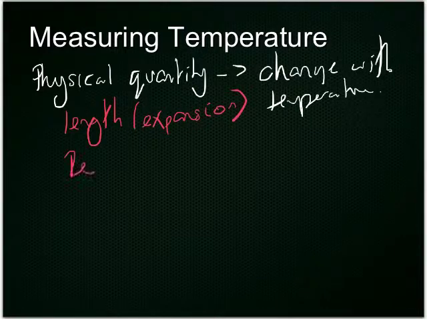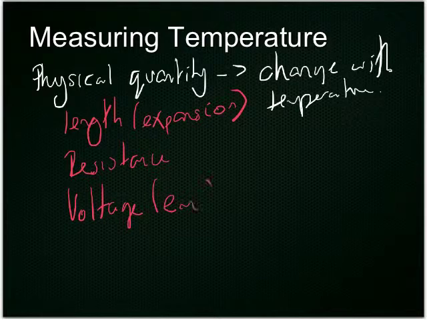You could have resistance. You could have voltage, or once we've done electricity, I prefer you to write EMF. And a few other types. You could have volume, you could use a bimetallic strip and you've got a curvature, so you've got an angle. So there's many different things.